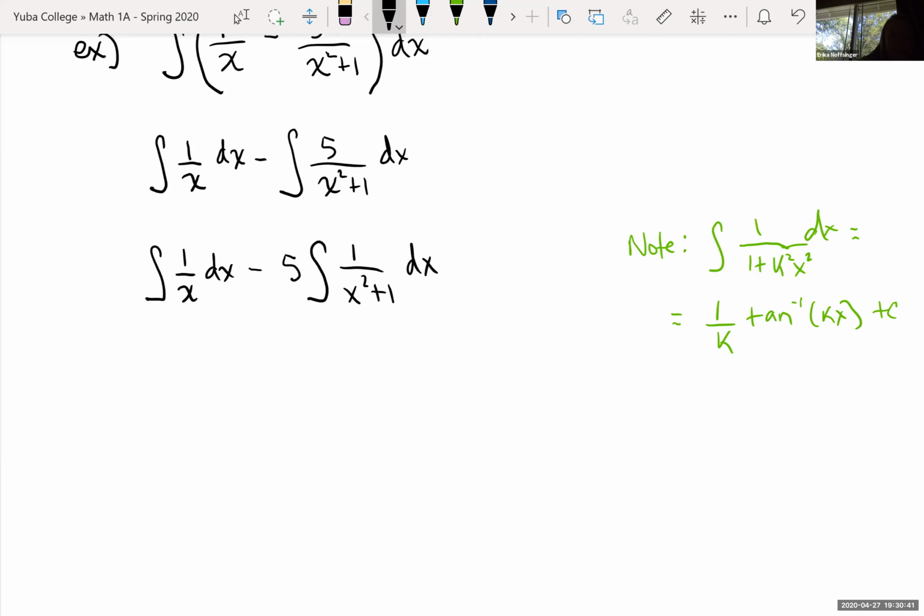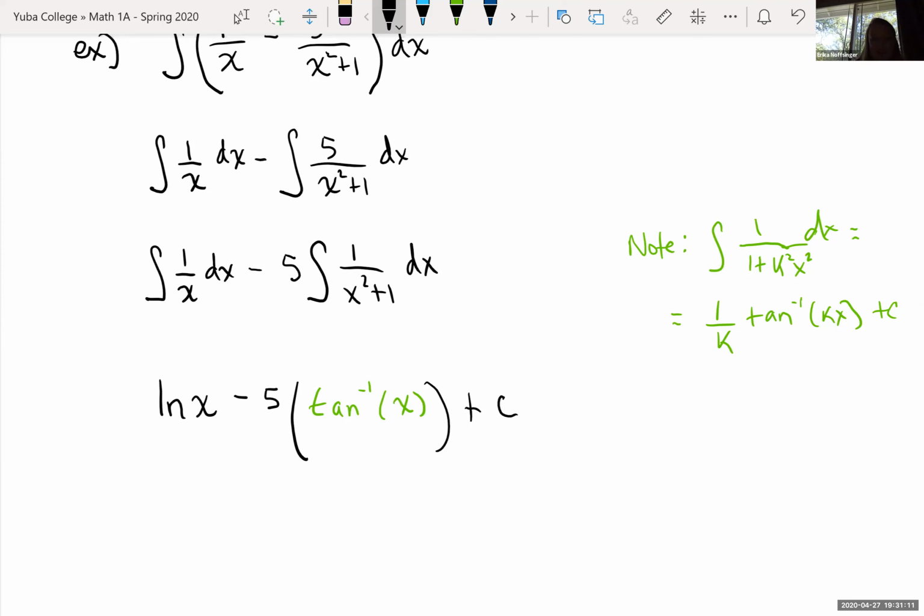So whatever I take the derivative of, I need to get back 1 over x, which is the natural log of x, plus some constant, minus 5, all times the antiderivative of 1 over x squared plus 1, which I just saw was tan inverse of x, plus a constant.